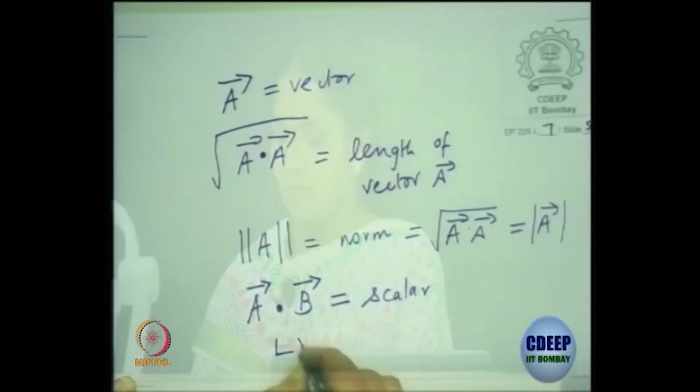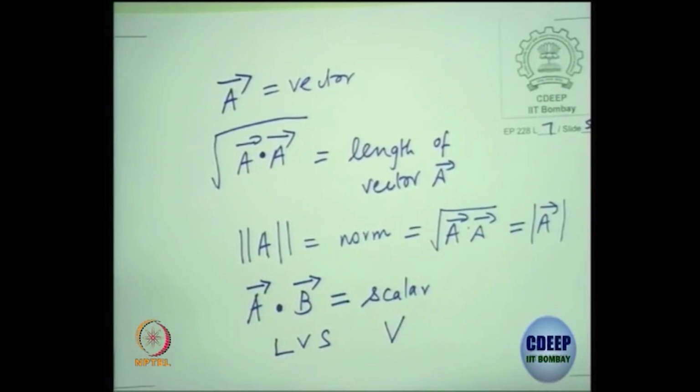Now, with this knowledge of 3-dimensional R3, we would like to go to an abstract linear vector space V. How to find the basis set? The number of vectors in that basis set will give the dimension of the vector space.